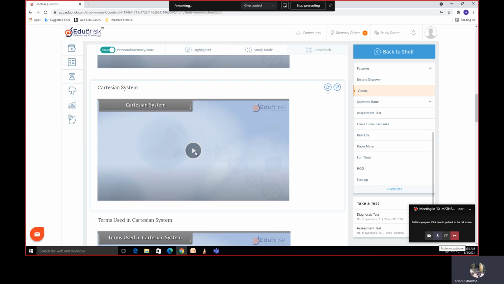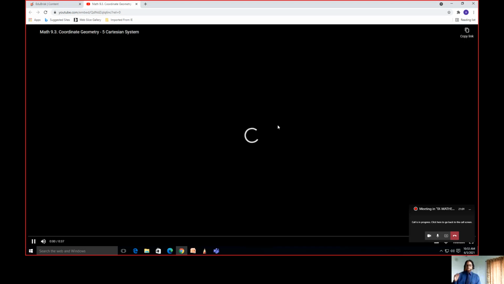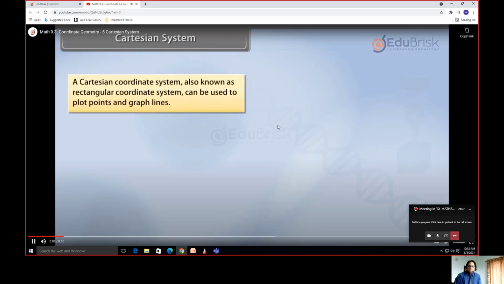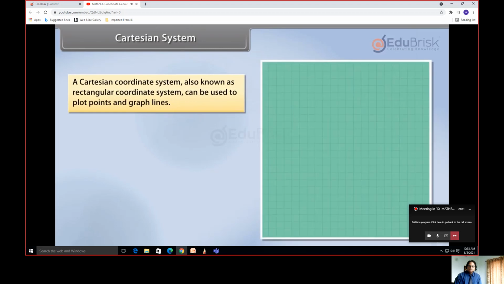Okay, first is Cartesian system. Cartesian system. A Cartesian coordinate system, also known as rectangular coordinate system, can be used to plot points and graph lines.